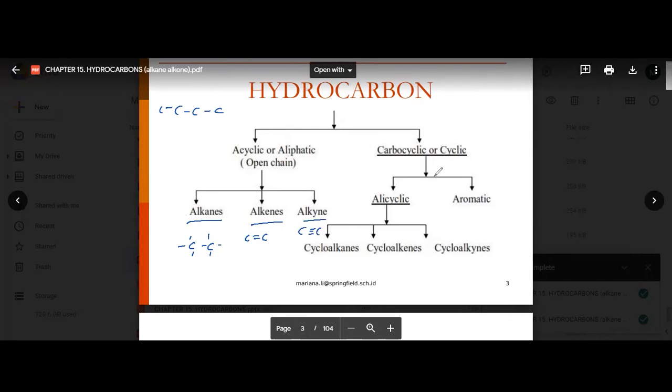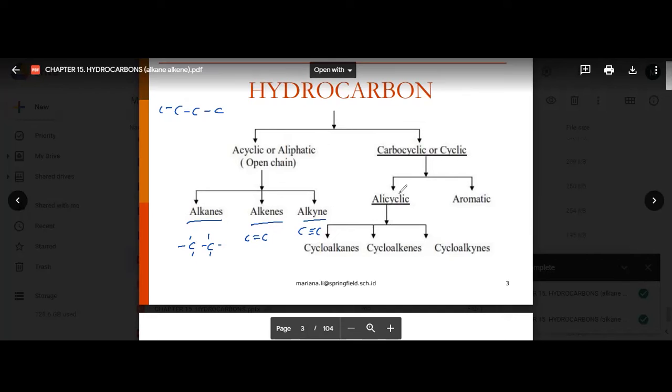For carbocyclic, there are two classes, which the first is alicyclic. Alicyclic means the carbon-carbon chain makes a ring, and the ring is not conjugated. The ring consists of double bonds or no double bond at all.